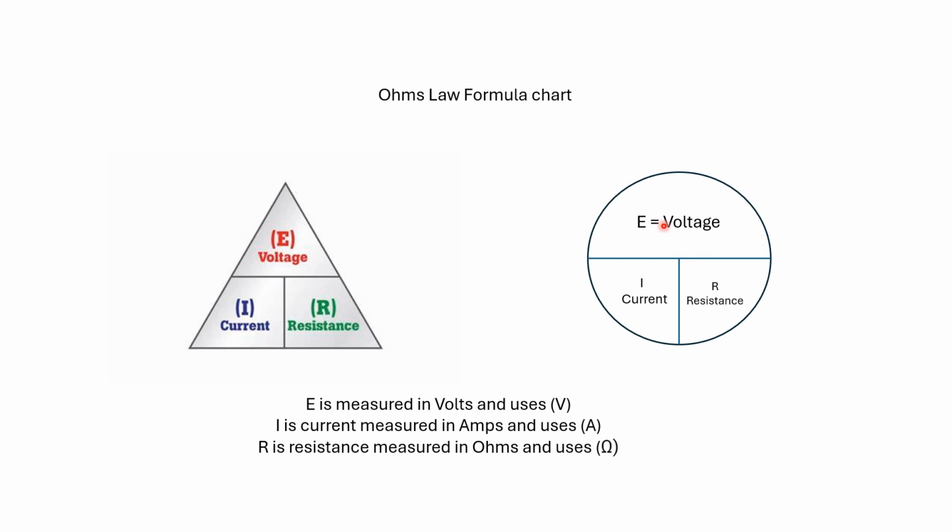And this is a pi. You have voltage over current and resistance. Like the last one, we didn't have current, so you cover up current and you have voltage over resistance. You cover up the voltage, and you have current times resistance. And simple, that's the way to use that chart.